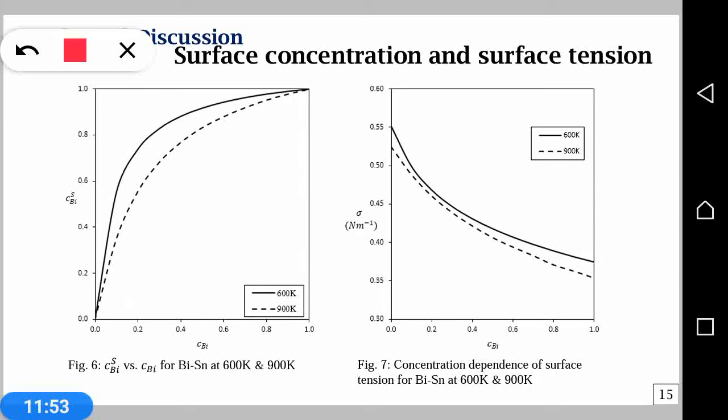I will expect a plot of surface concentration of tin, that is CSNS, against the bulk concentration of tin, CBI, to be of this form.